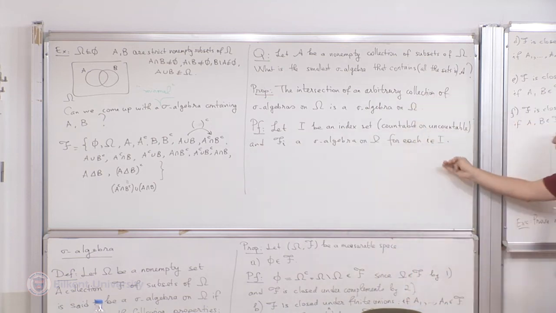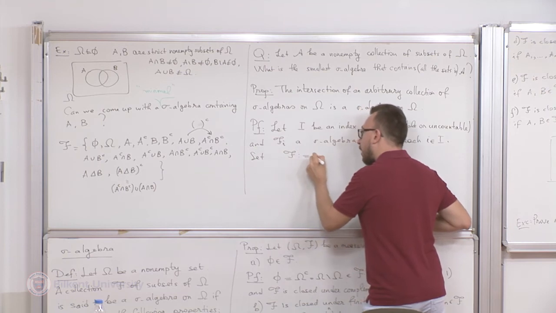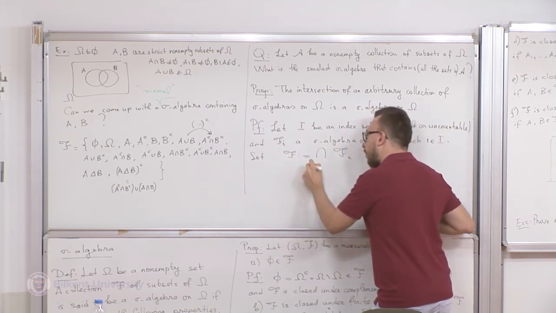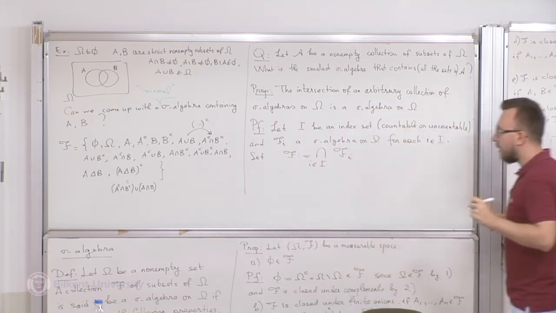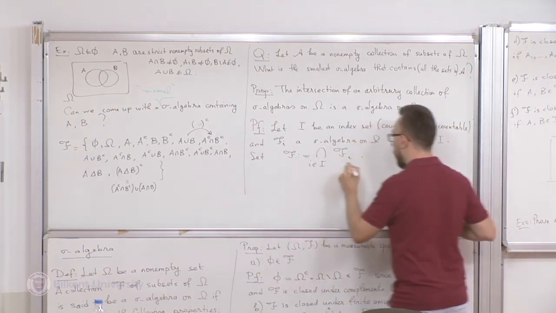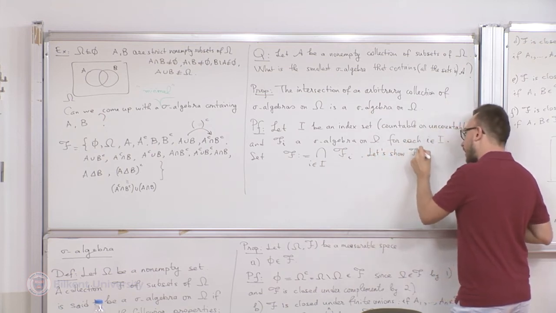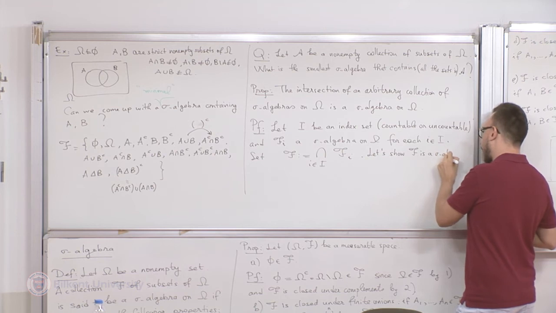It could be the real numbers, it could be Rn, it could be any set. So set F, which is the intersection of all the sigma algebras. And now this is a sigma algebra. Let's show F is a sigma algebra.